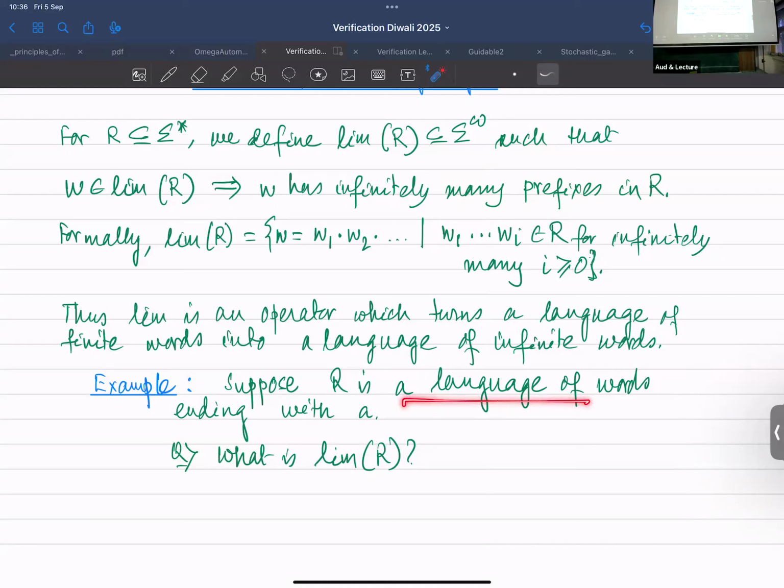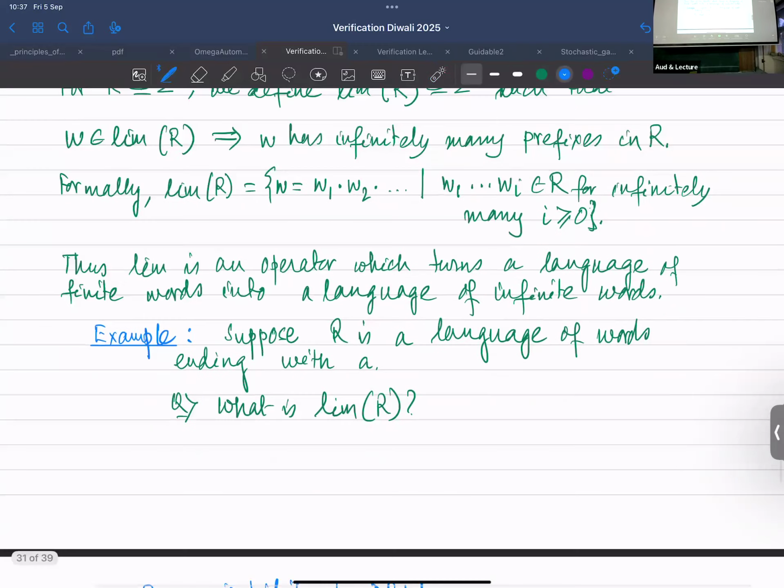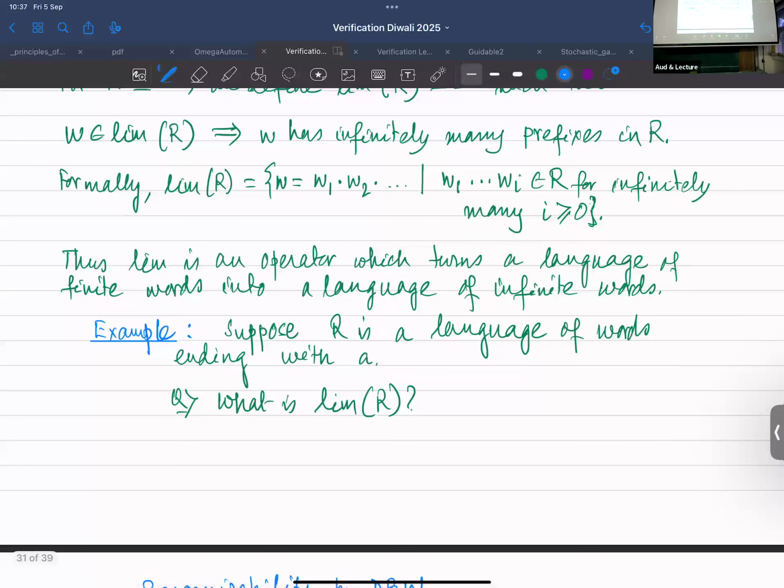So suppose R is a language of words ending with A. What is the limit of R? Infinitely many, right? So that's clear. If R is a language of words ending with A, then the limit of R should be the set of words such that W has infinitely many A's.